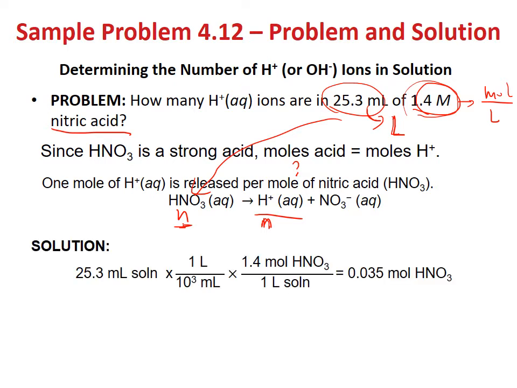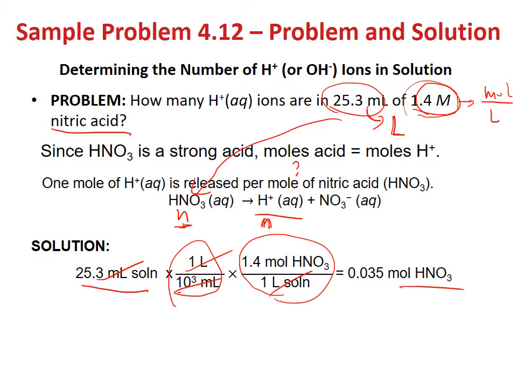So here is what we do. We start with volume in milliliters, and change to liters. So 1 liter per 1000 milliliters gives you volume in liters. And then you multiply by the molarity, which is moles per liter. The volume cancels, giving you moles of nitric acid.